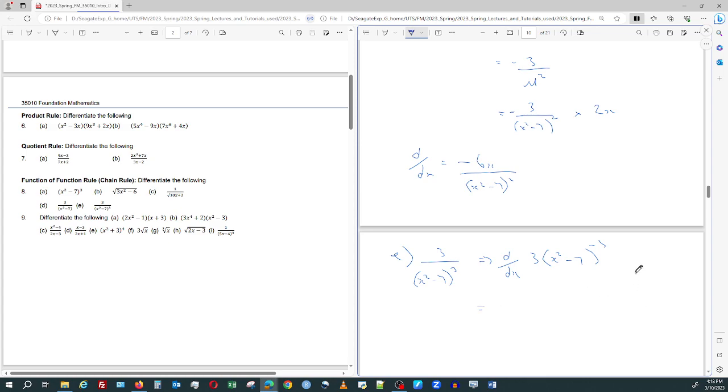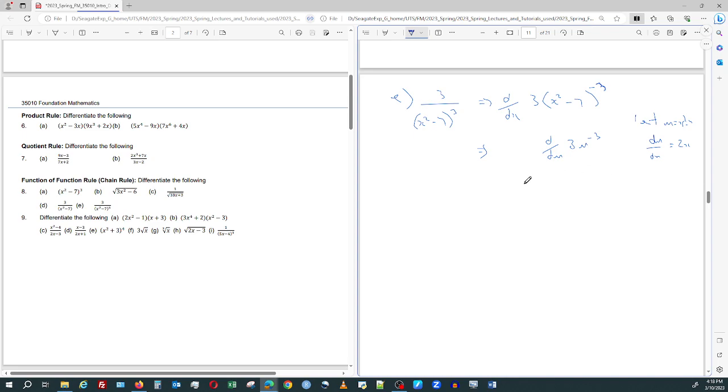So we let u equal x squared minus 7, du dx equals 2x. We can't just take d dx of 3u to the minus 3. Okay, so we have to say let's differentiate d du of 3u to the minus 3. So they'll end up chaining together to make d dx.